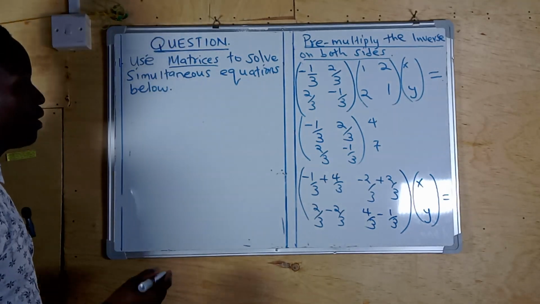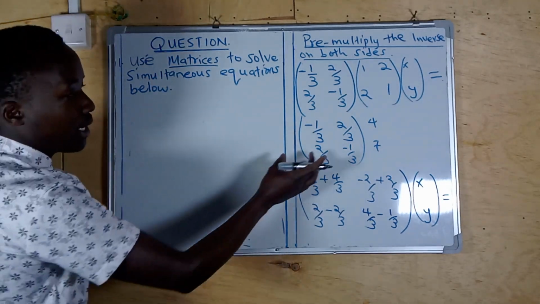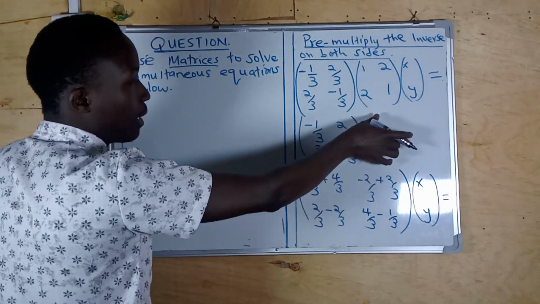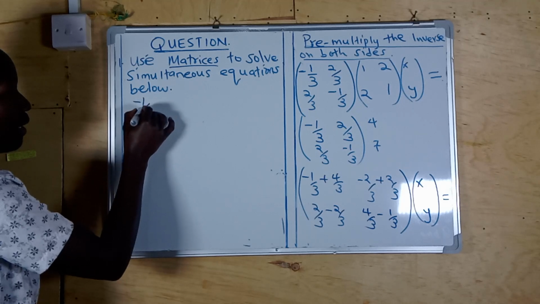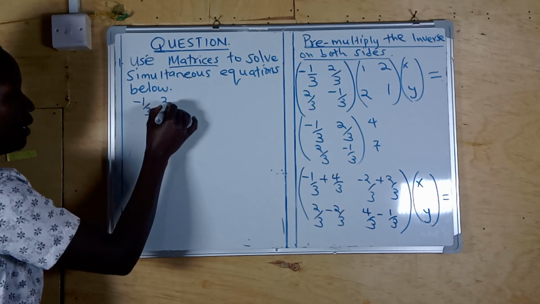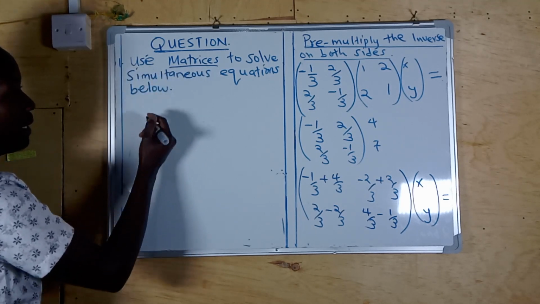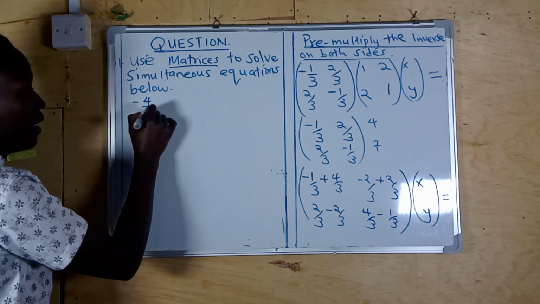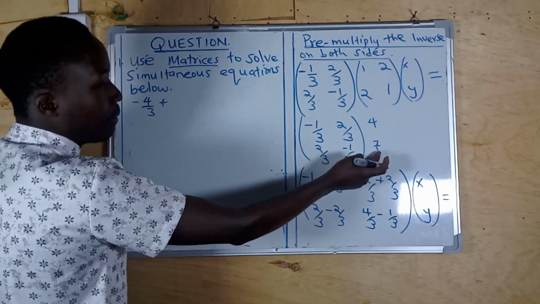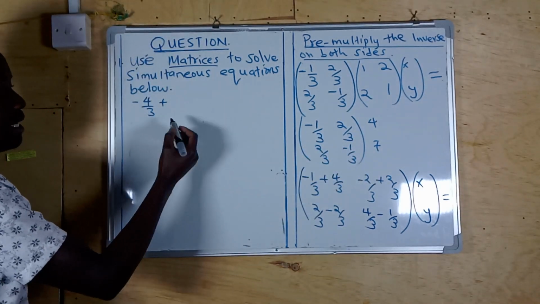On the other side of the equal sign, we are going to take the first row multiplied by the column. That will be negative a third times 4. It will be negative 4 over 3 plus 2 over 3 times 7. It will be 14 over 3.